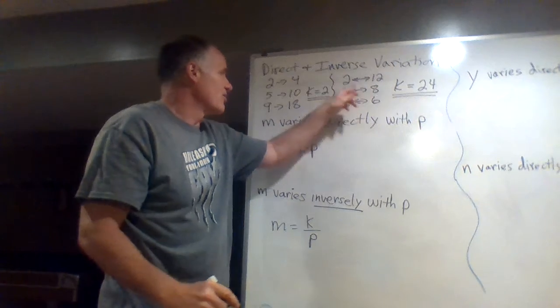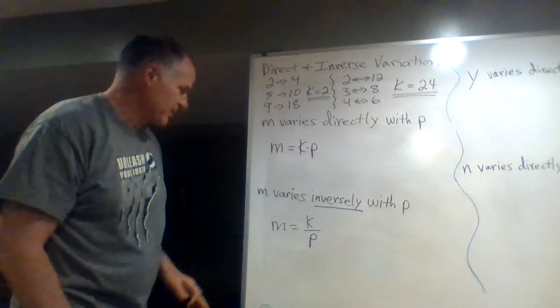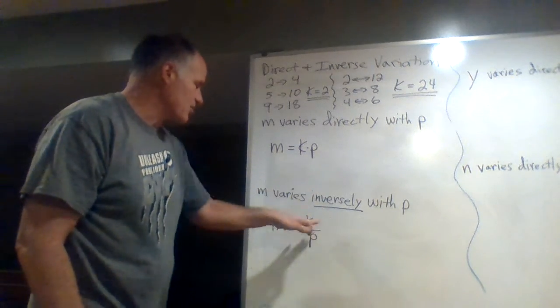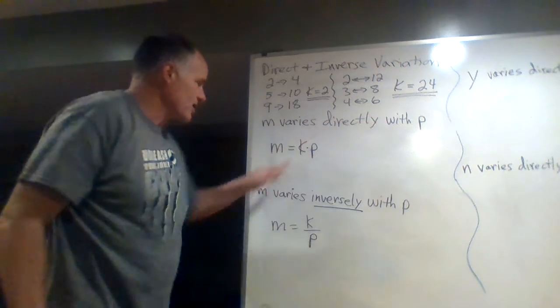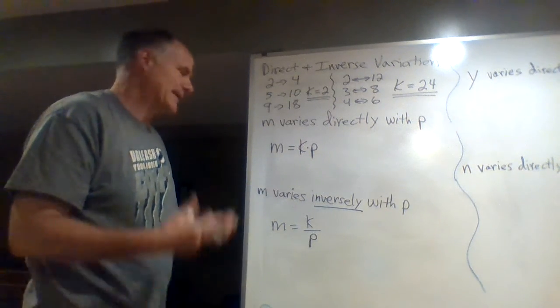Again, one's getting bigger, one's getting smaller, so actually the relationship is division. So inverse variation, the relationship's division. Direct variation, the relationship is multiplying.